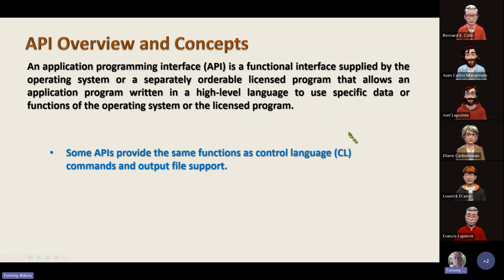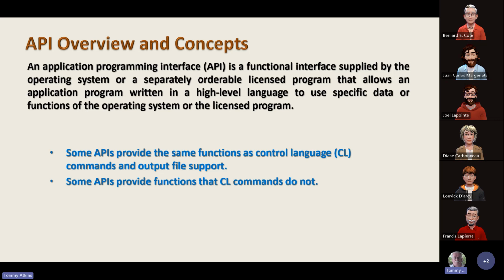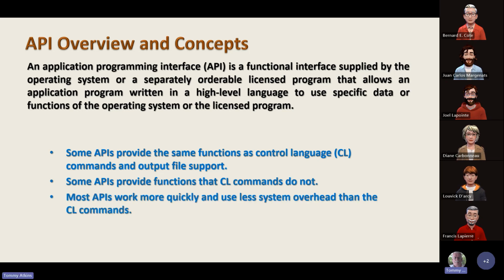Some APIs provide the same functions as CL commands and output file support. Some APIs provide functions that CL commands do not, i.e. they are more functional than CL commands. Most APIs work more quickly and use less system overhead than the CL commands. Some APIs have no CL command equivalent.